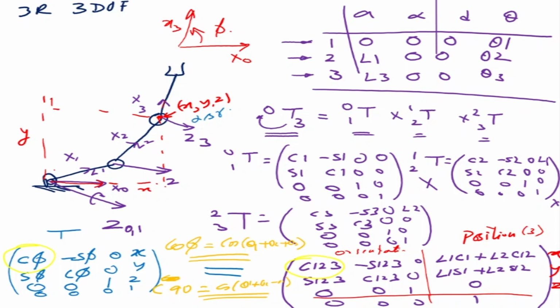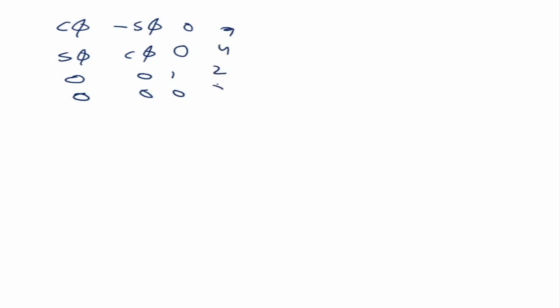So let's look here a little bit more in detail. What we're trying to solve is this system of equations: cos phi, minus sin phi, cos phi, 0, 0, 1, 0, 0, 0, 0, 0, and this is x, y, z and 1.